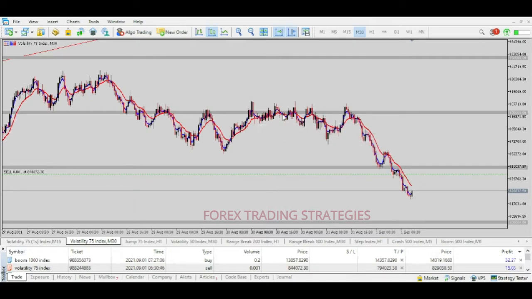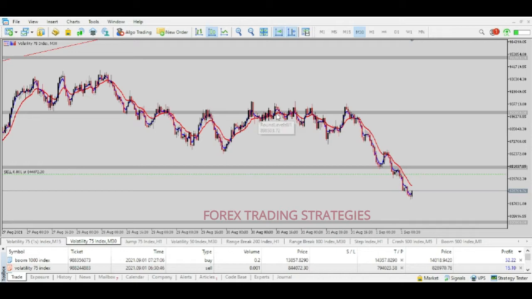Of course, depending on the time frame that you are using, you are going to have situations like this. And remember, no Forex trading strategy is 100% foolproof. You want to avoid situations like this.